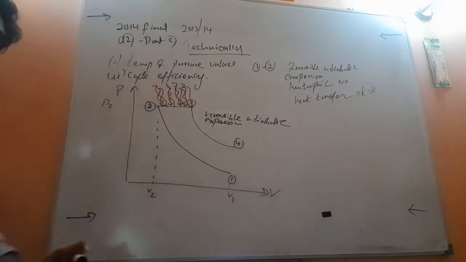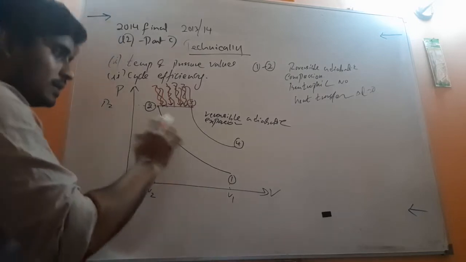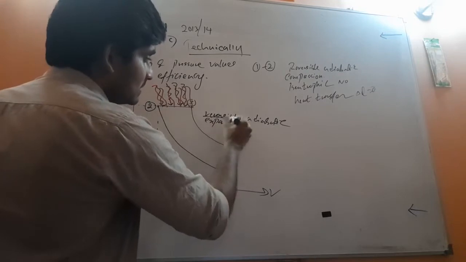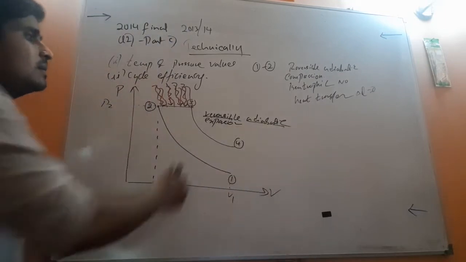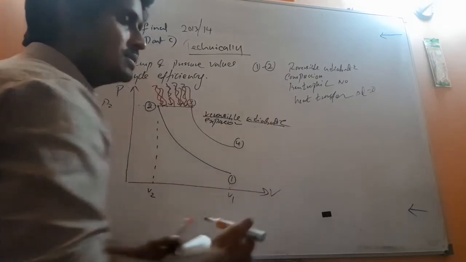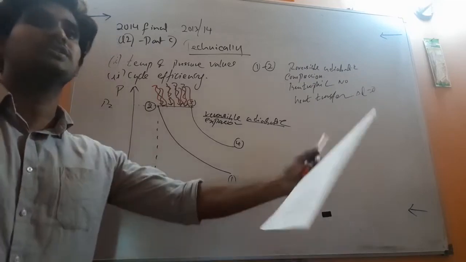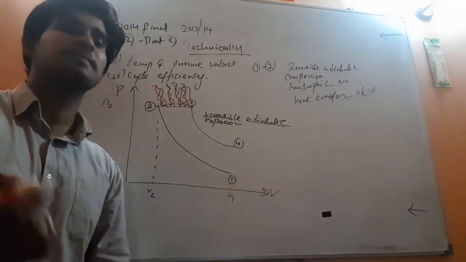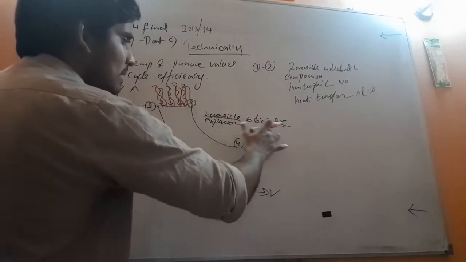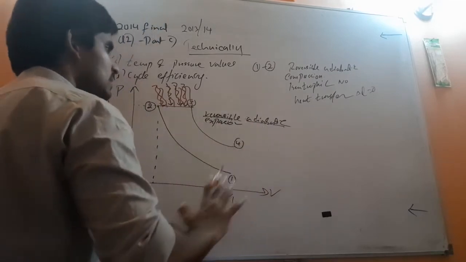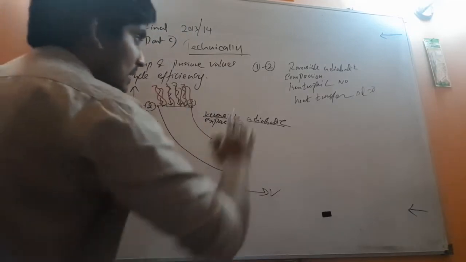That means it is going to expand the volume. But here also be very careful. Reversible adiabatic means there is no heat transfer. It is going to expand the volume, so the volume is increased, expansion, the opposite of compression. 3 to 4 we have reversible adiabatic expansion. I will write it here.